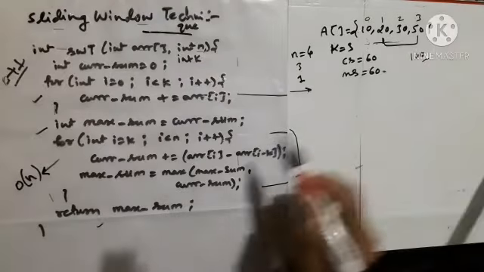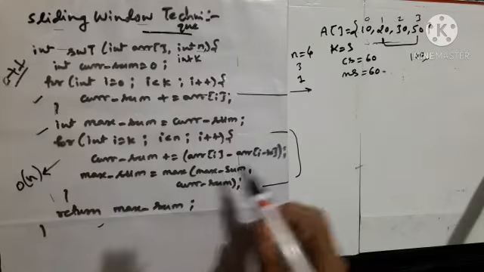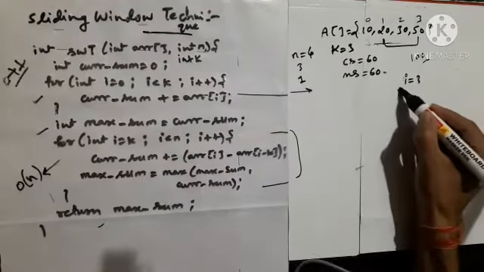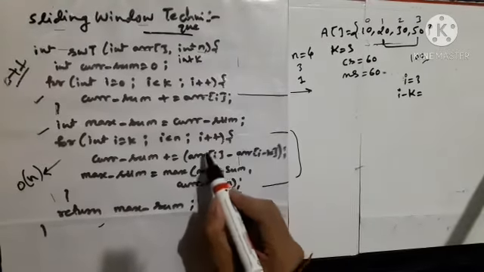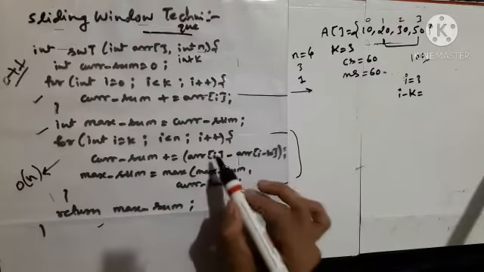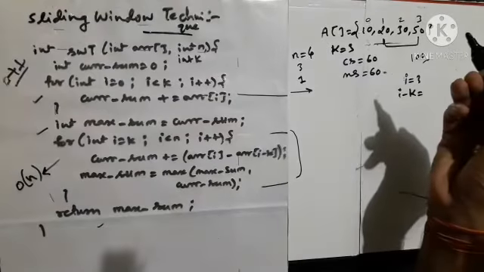And what I will do, I will calculate array of i, where i value is 3. See, I am writing here i is 3, and what is the value of i minus k? You can see i minus k. Basically this is the last leg value and this is the first leg value. Last leg of the current window, because my window has been shifted.